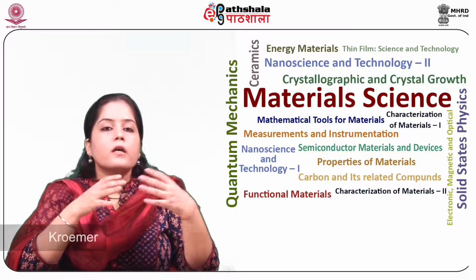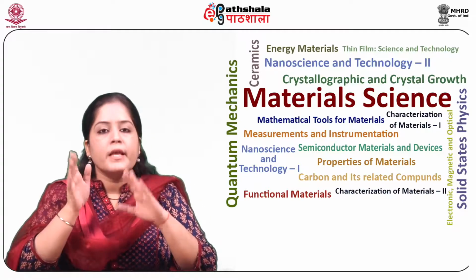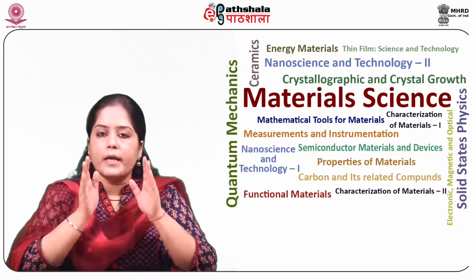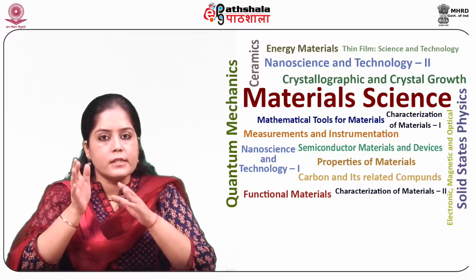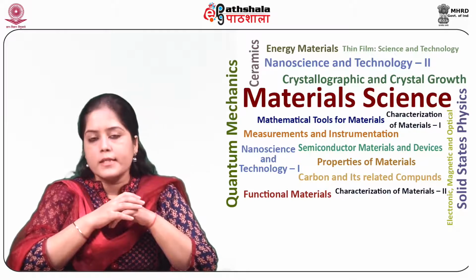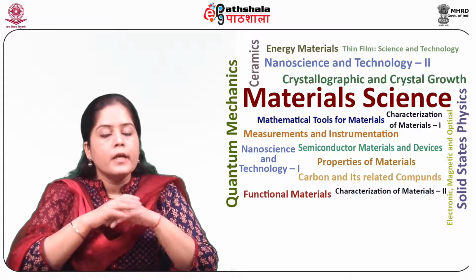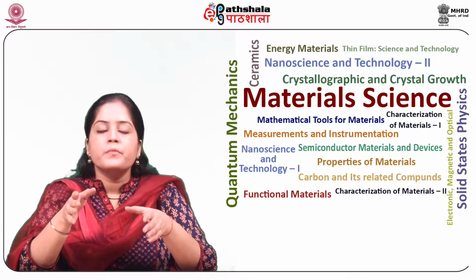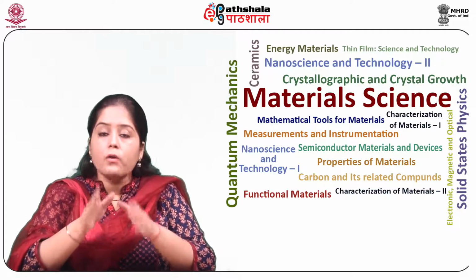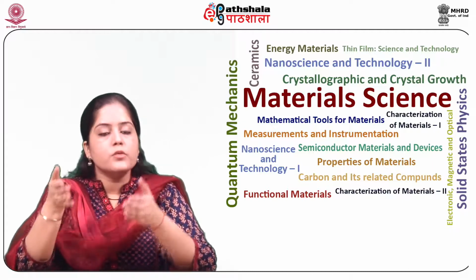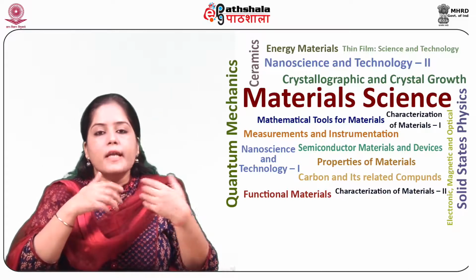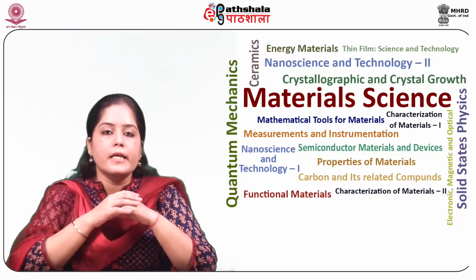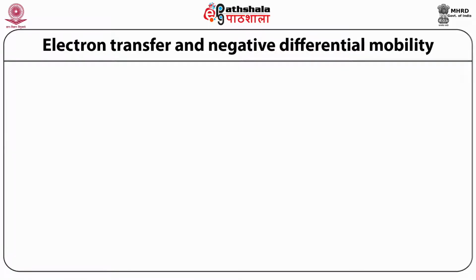Instead, Kroemer in 1964 explained the oscillations observed by Gunn by using the results from Hilsum in 1962 and Ridley and Watkins in 1961. In following this explanation, we shall first discuss how electron transfer may lead to negative differential mobility NDM or, equivalently, negative differential resistivity NDR.